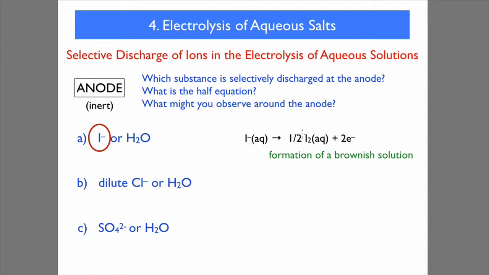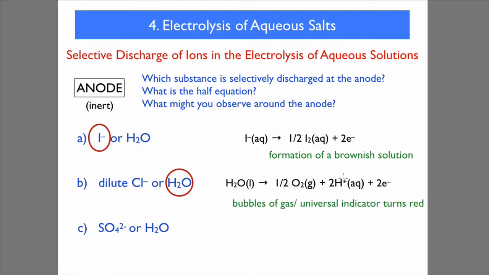Next, dilute chlorine or H2O. Have a look at your table. What do you think? Yep, this time it will be the water. So we're going to get oxygen gas formed, and you can see we're getting an acidic solution. So we're going to see some bubbles of gas because of the oxygen, and a universal indicator will turn red.